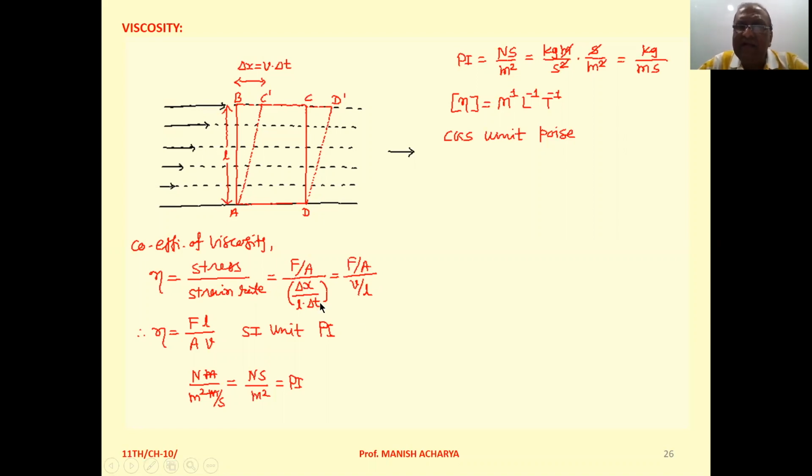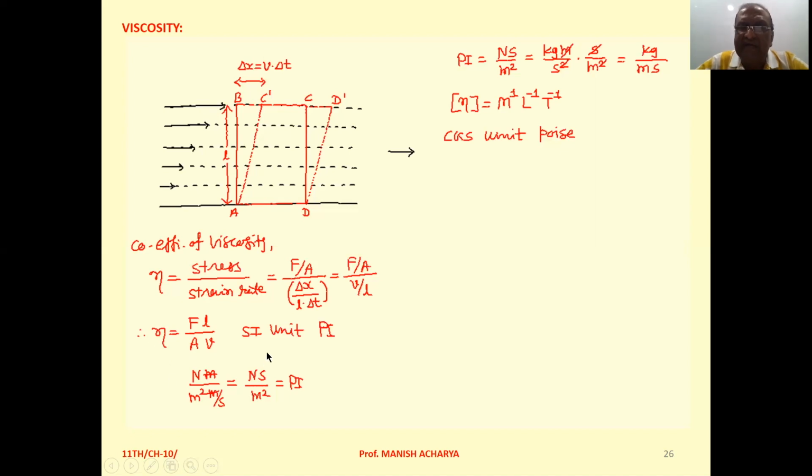But delta x by delta T we can represent by velocity. So the coefficient of viscosity, the measure of viscosity for the given fluid, is force into L upon AV.